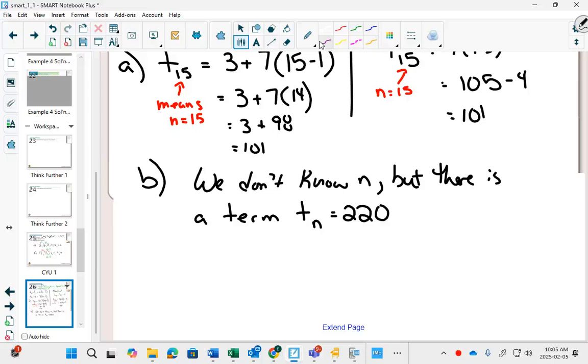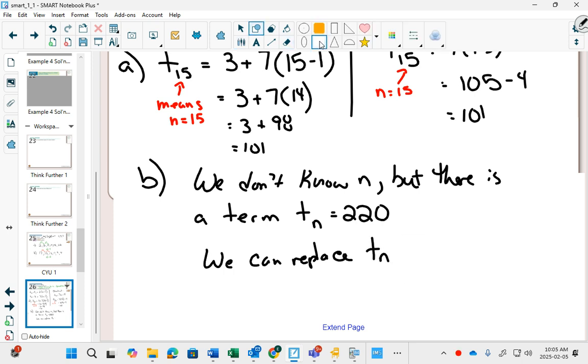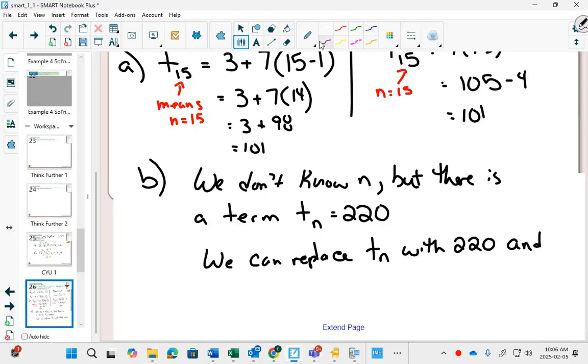Even though we don't know n, we can replace Tn, I'll write it with words. So even though we don't know what n is, we can replace the Tn with 220.